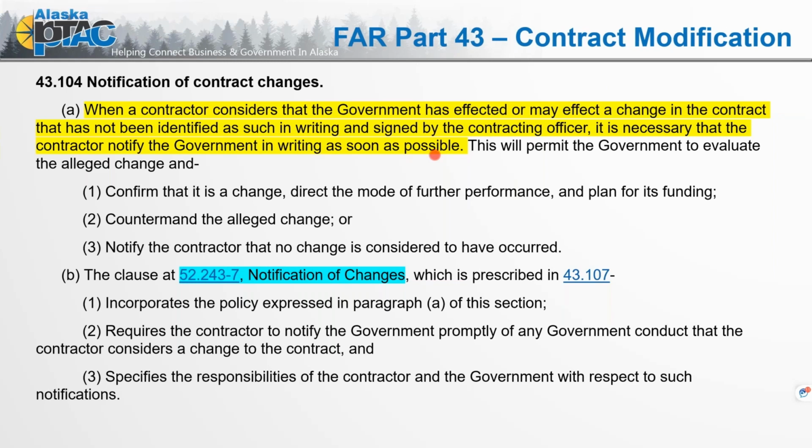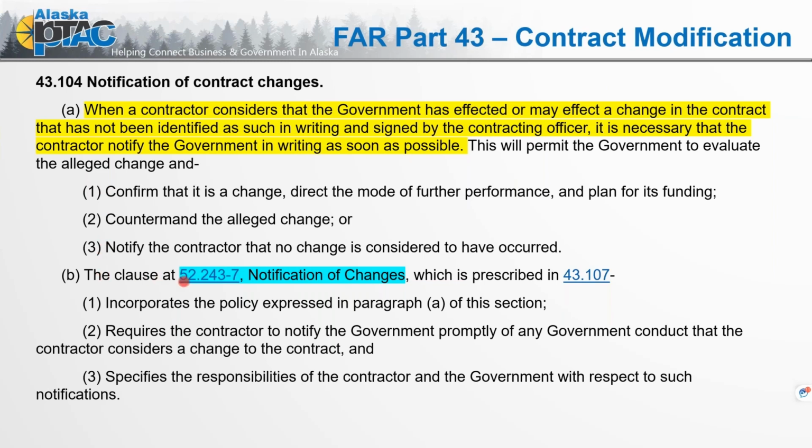So here we have it right here. The Federal Acquisition Regulation states, if the government has affected or may affect a change, you need to get that in writing to the contractor as soon as possible. This will permit the government to evaluate the alleged change and, 1, confirm that it is a change, 2, countermand the alleged change, or 3, notify the contractor that no change is considered to have occurred. Pretty straightforward.